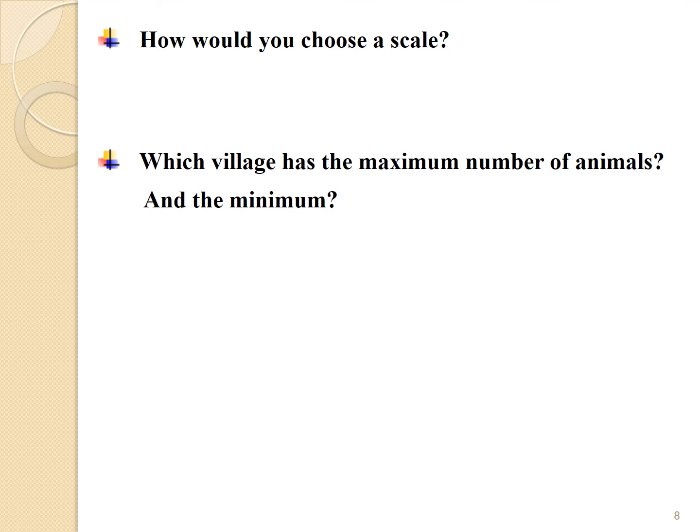Now, let us solve the given questions. Question A. How would you choose a scale? I determined a scale. 1 unit equals to 10 animals. Now, question B. Which village has the maximum number of animals and the minimum?